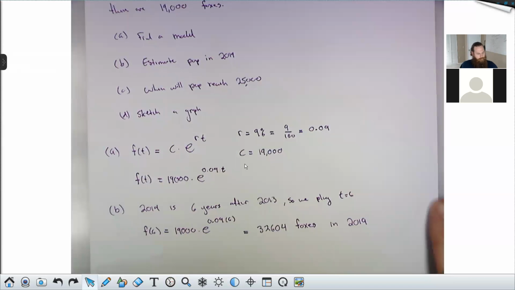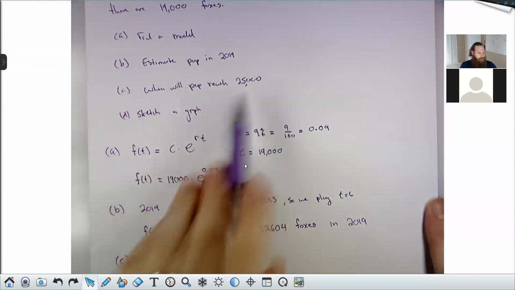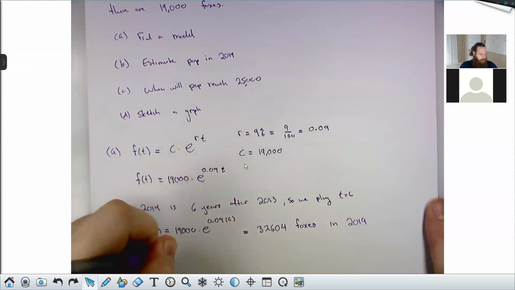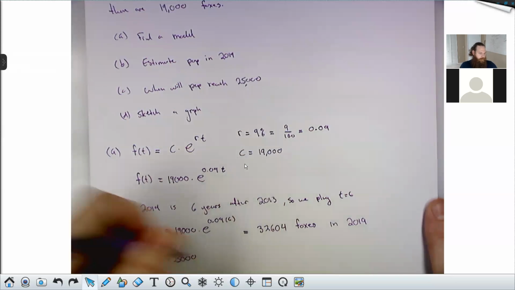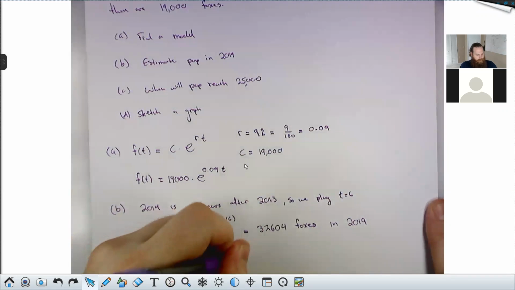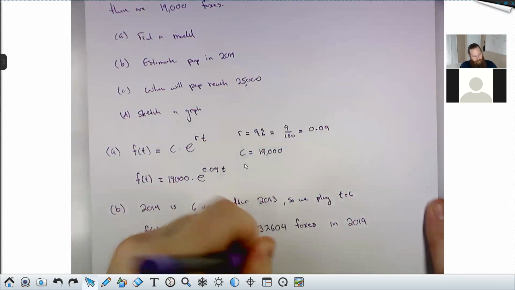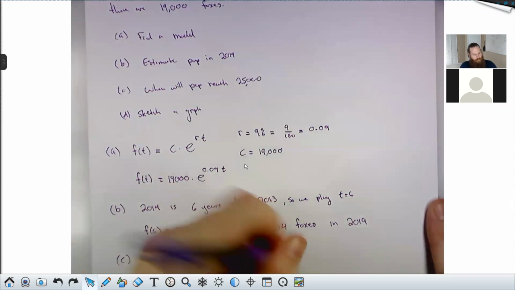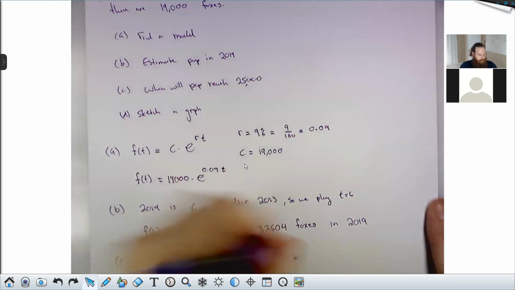Part C, you can get a feel. These all kind of ask the same sort of things. When will the population reach 25,000? We need to solve f of t equals 25,000, which is the same as saying 19,000 times e to the 0.09 t equals 25,000.